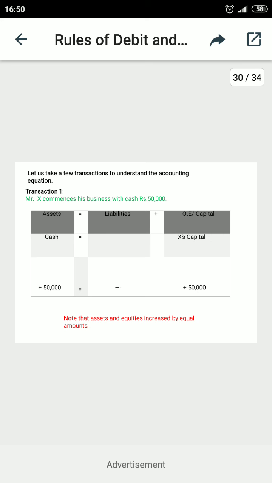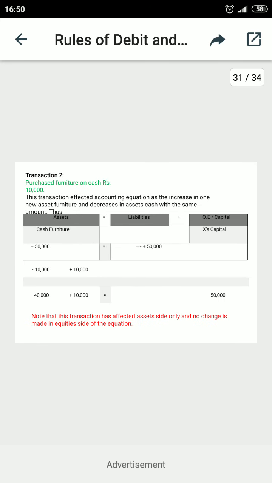In the same manner, the same equation is forwarded to the next example at the top: cash and capital, 50,000 and 50,000. Both are to be listed there. Now the transaction is coming here: furniture purchased in cash with the amount of 10,000.